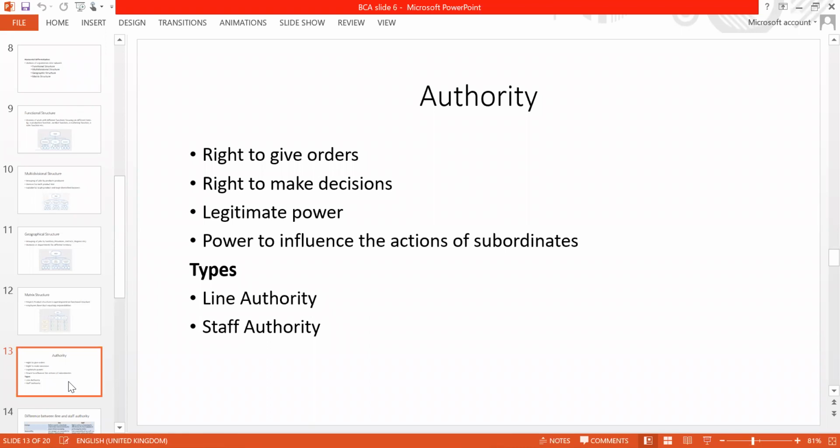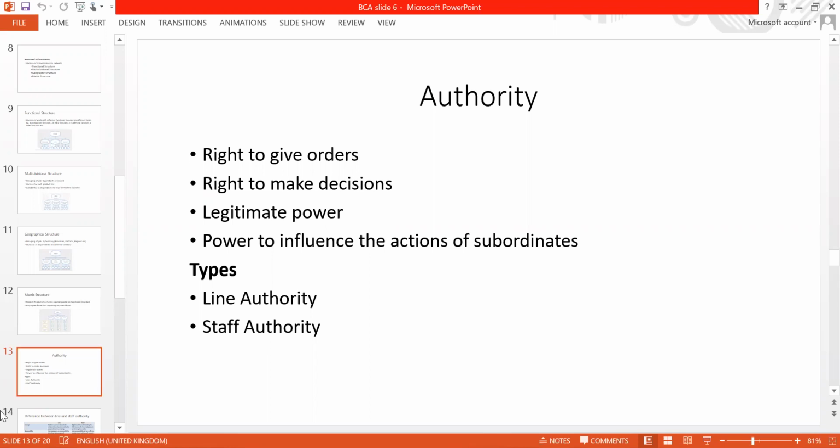That is the legitimate power that you have to give orders to your subordinates and also take decisions. Your lawfully given power we call authority. And there are two types of authority. One is called the line authority and another one is called the staff authority.